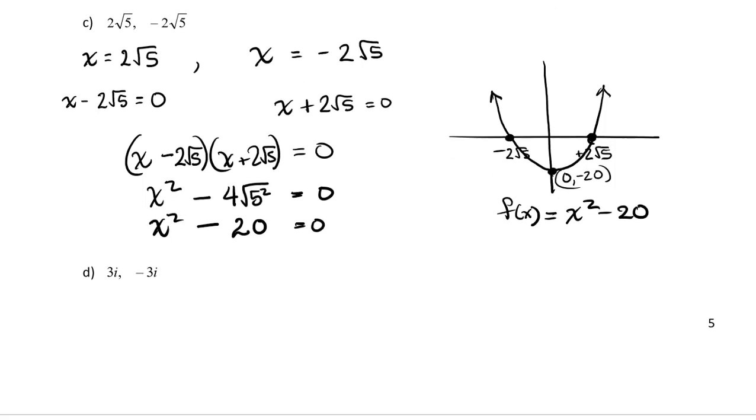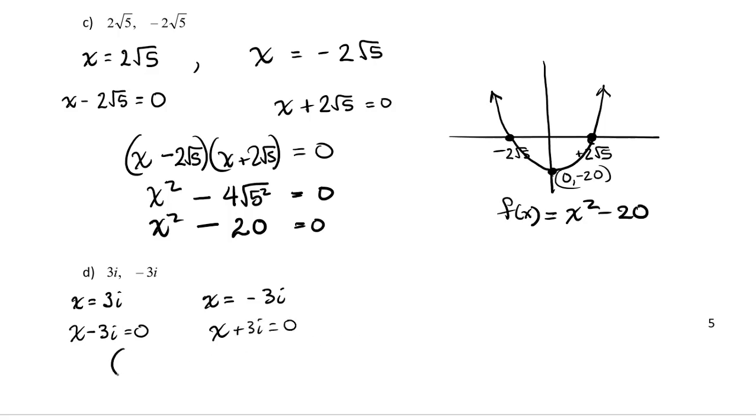Now this last one, we can still write it as a quadratic equation. Again, first we'll set each of my solutions equal to x. So I have x equals 3i and x equals negative 3i. Setting them equal to 0, I'll have x minus 3i equals 0 and x plus 3i equals 0.